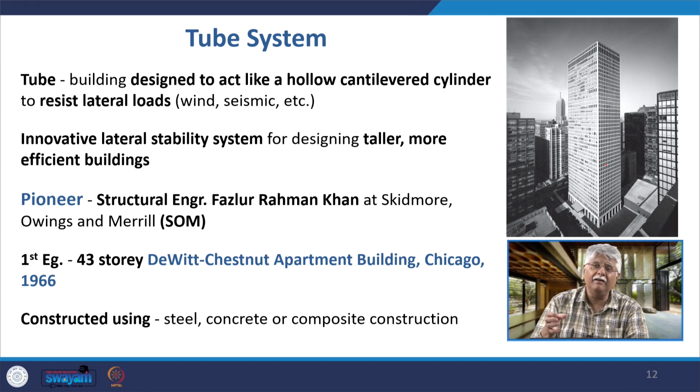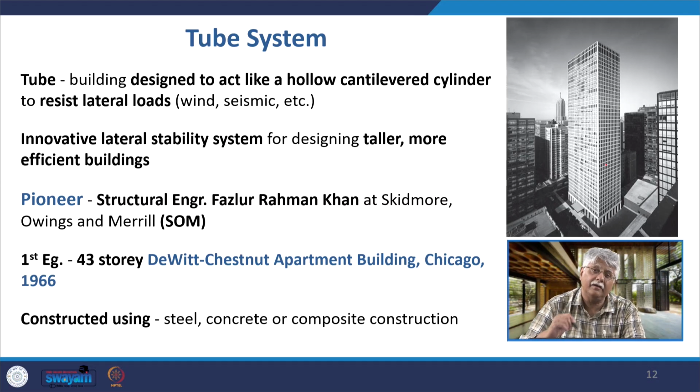It is a cylinder, cantilevered in the vertical direction, cantilevered from the ground all the way up, and this cylinder resists lateral loads. This was an innovative lateral stability system for designing taller and more efficient buildings.